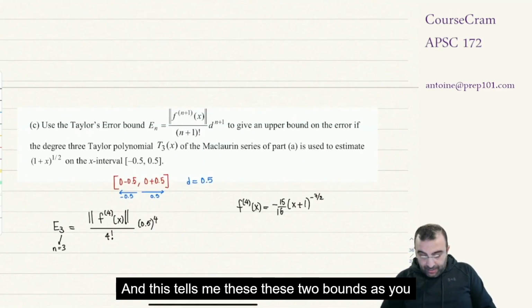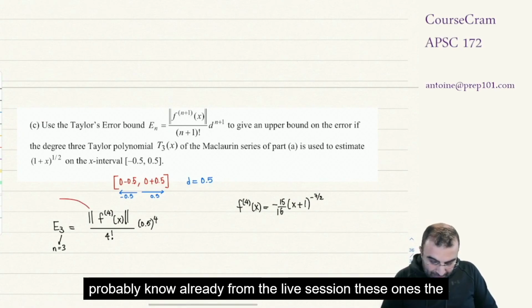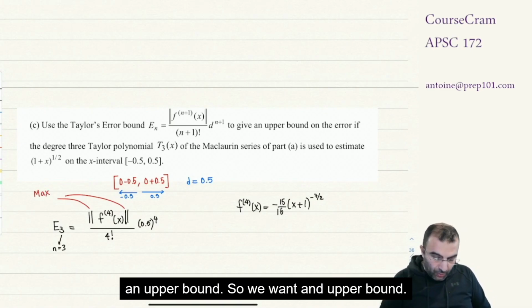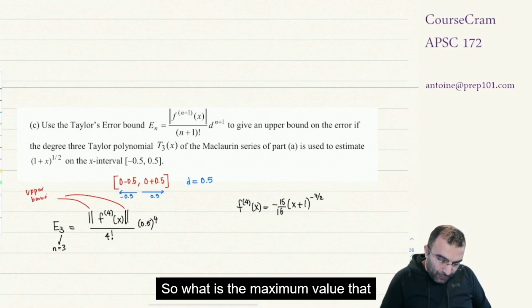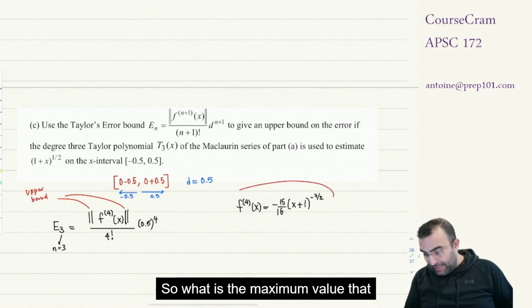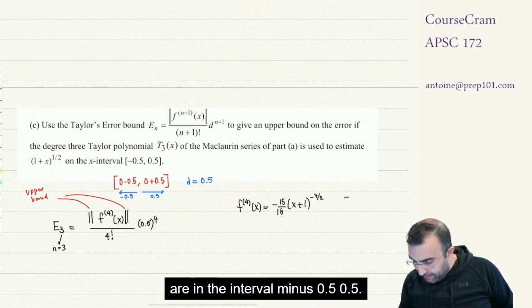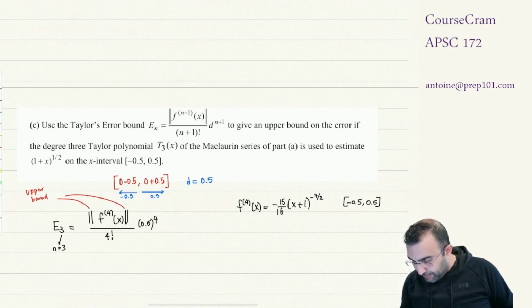As you probably know already from the live session, these bounds want the maximum amount. So we want an upper bound. What is the maximum value that this can take when you are in the interval minus 0.5 to 0.5?